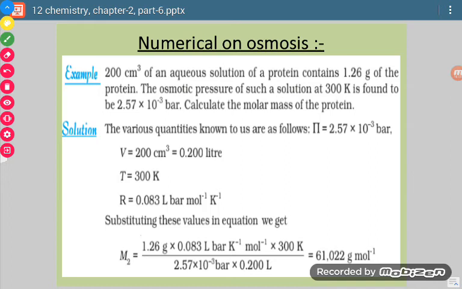We are given the osmotic pressure value 2.57 × 10^-3 bar, volume value 200 ml. We can convert it into liters also. In case we are taking it in ml or cc, then we have to multiply with 1000. Temperature is given as 300 Kelvin, and the R value is known to us. So putting all the values in the equation, we will get the molar mass value as 61022 gram per mole.